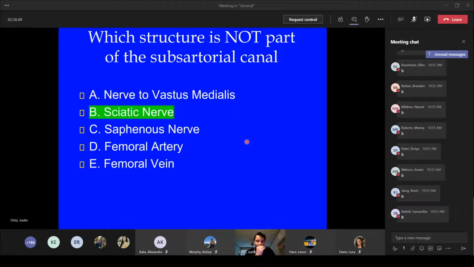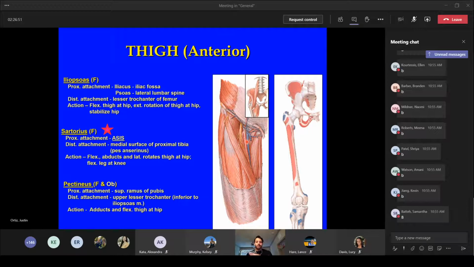Good job. Okay, so same thing like we talked about from the last lecture. When he puts a bunch of muscles on one slide, I like to divide them up into individual slides that are super, super simple. So we'll talk about iliopsoas, sartorius, as well as pectineus. But remember, when he puts these little F and FOB, those are going to be the nerve supply, right?